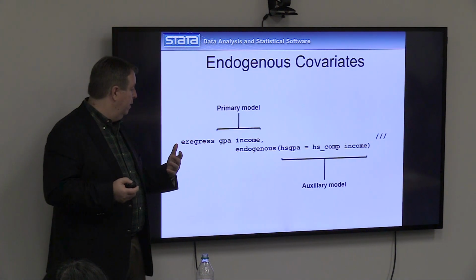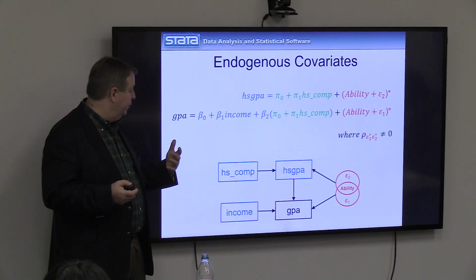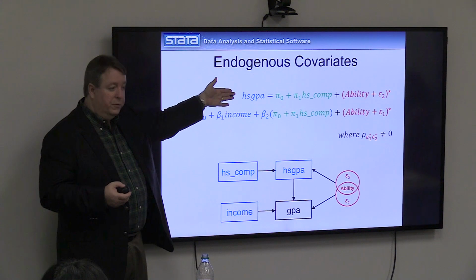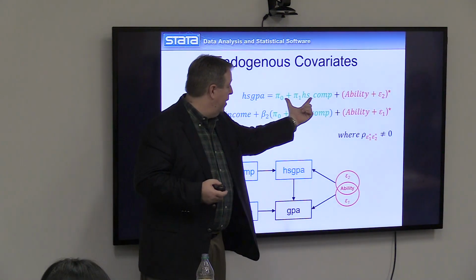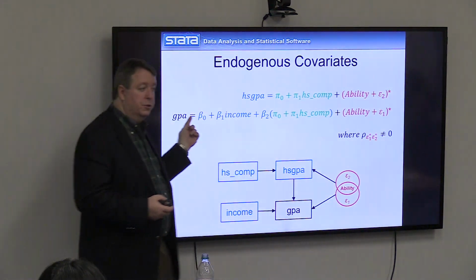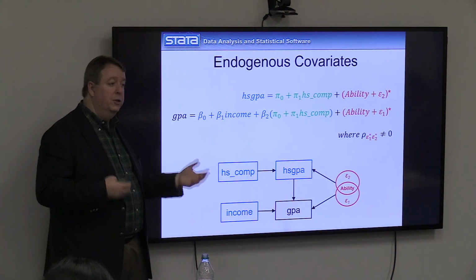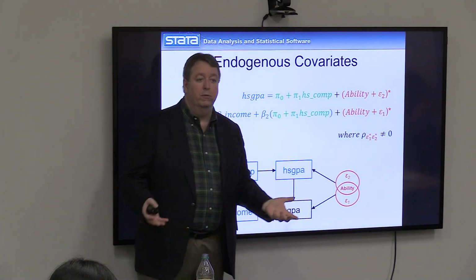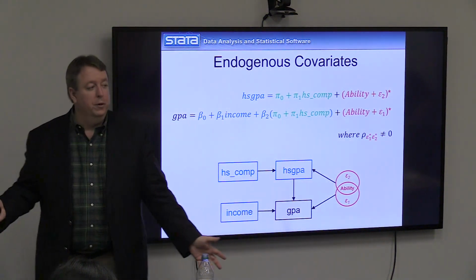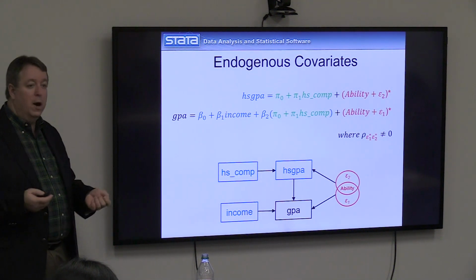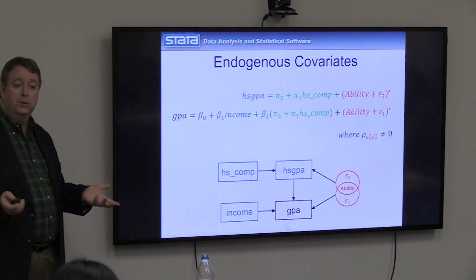So the idea, if you were doing two-stage least squares, is you fit this model first using ordinary least squares, and then you take the expected value from here, the predicted high school GPA, and use that as the predictor in your second model. High school competitiveness is what's called an instrumental variable. Tried and true, it has been done in the econ world for decades. It's nothing new or exotic. We're just using it in a different way outside the world of econ.